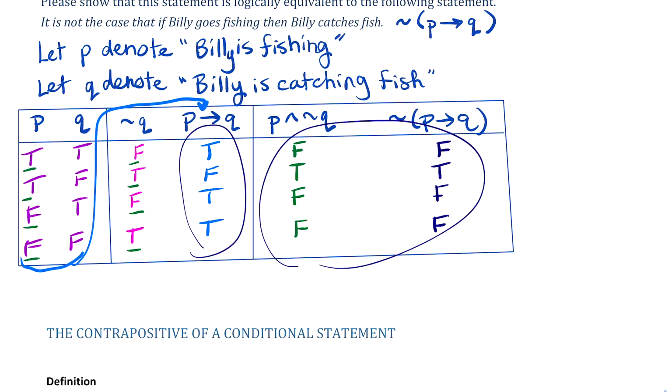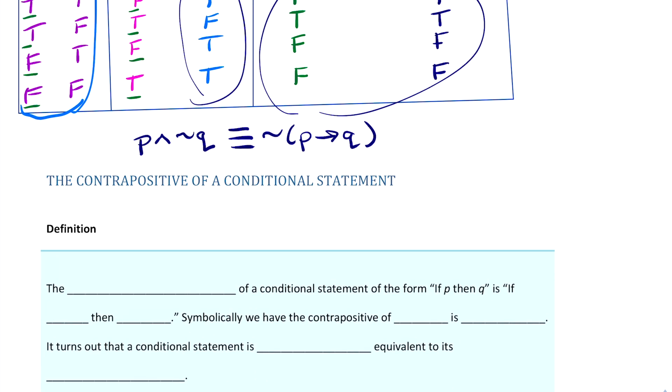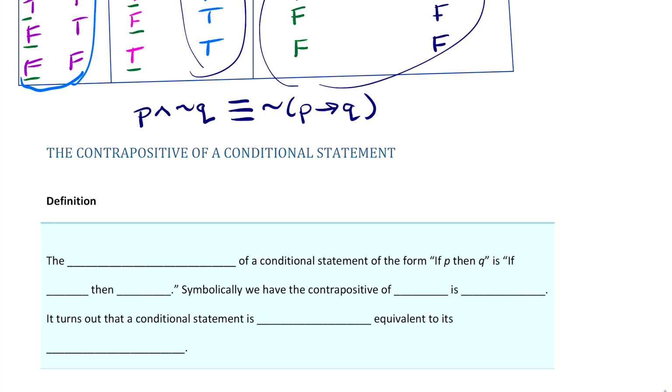So it turns out that P and not Q is logically equivalent to not if P then Q. Cool?